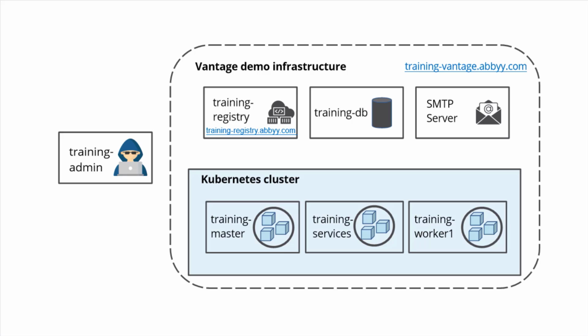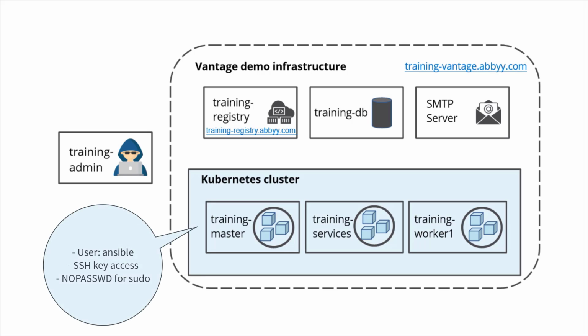First, on all 3 cluster VMs, we created a user Ansible, added the SSH key file generated on the admin's VM, and disabled the password for sudo. This all is needed for the installer container to have access to these VMs and be able to automatically deploy a Kubernetes cluster first and then Vantage itself.